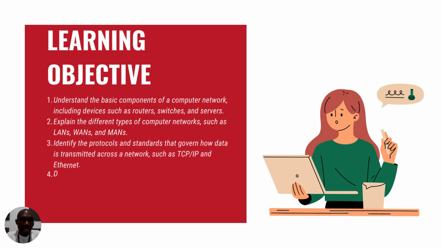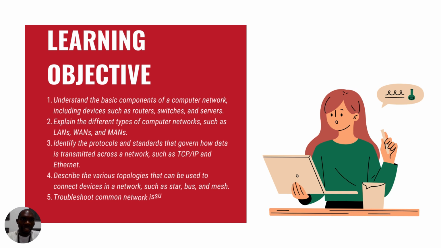Understand the basic components of a computer network, which includes devices such as routers, switches, and servers. Then the second objective, to explain the different types of computer networks, such as LANs, WANs, and MANs.